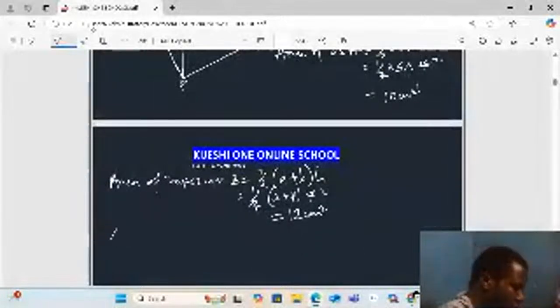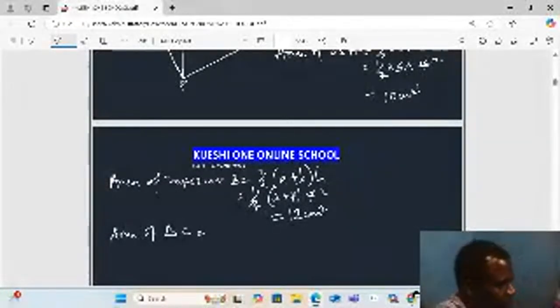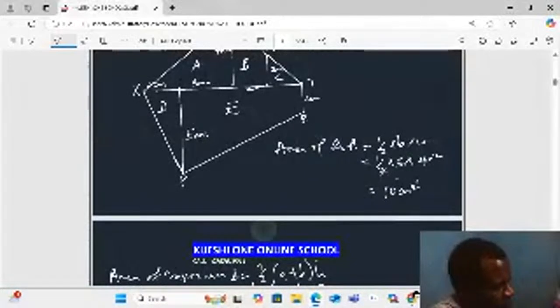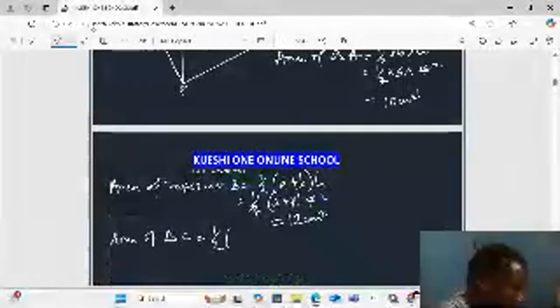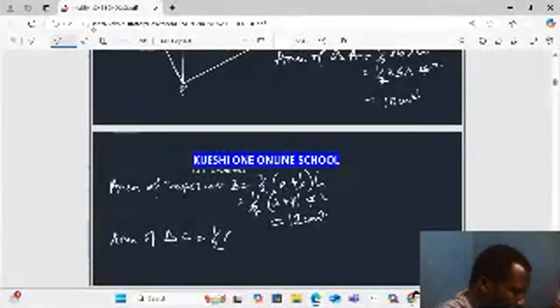Then move to the area of triangle C. Half times base times height. The height is 2 centimeters. So we shall have a half times 2 times 2.